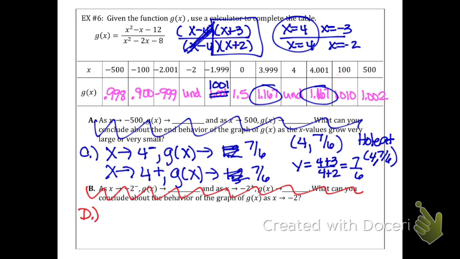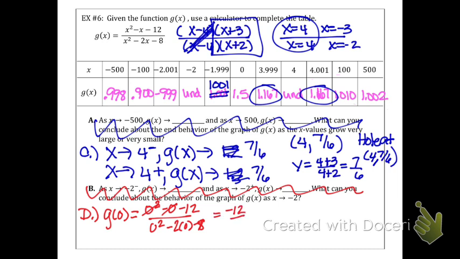D says, what do you know about g of 0 and explain? Well, g of 0, I can plug 0 into my function. And so it doesn't matter if I use the original or the shortened one or the factored out one, because I'll get the same answer in the end. So remember, this just means x is 0, so we're going to plug in 0. Okay, the zeros will all cancel.